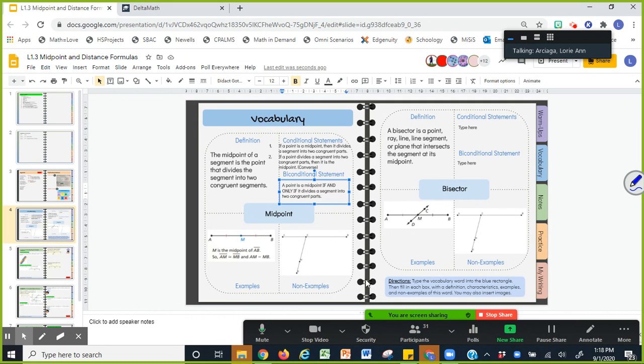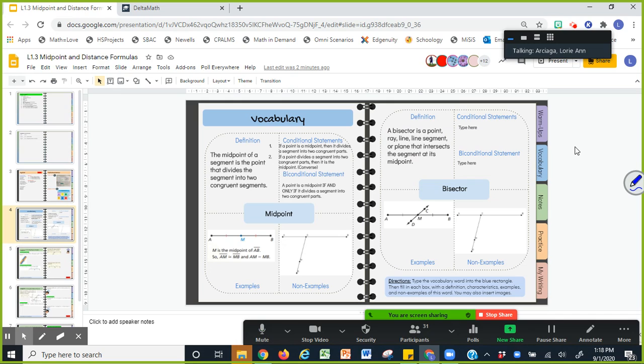So what is the difference between a midpoint and a bisector? The prefix "bi" means two, right? So it's similar to a midpoint, but it doesn't have to be a point all the time. If I may have a volunteer to read this for me, thank you in advance.